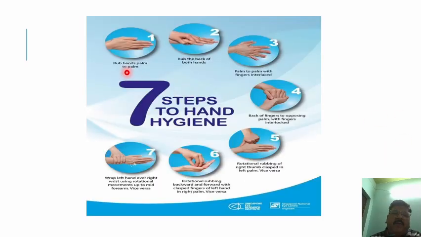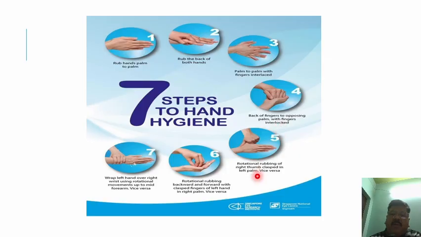So these are the steps of hand washing. First step is palm to palm, 4 to 5 times we should do. Then back of the palm of both sides. Then palm to palm with interlacing fingers. Then back of the fingers opposing to the palm with the fingers interlocked.